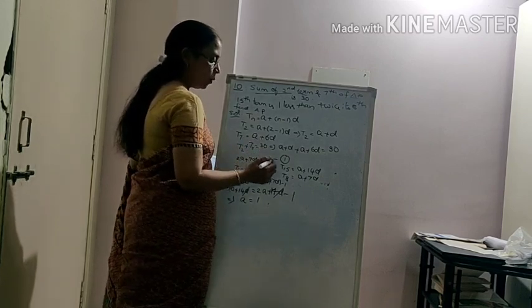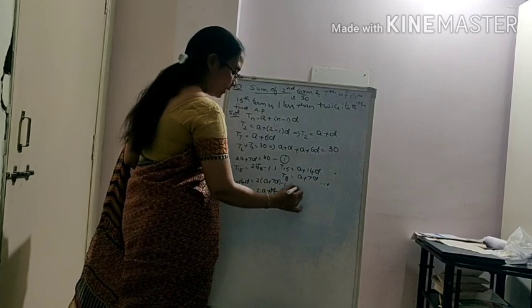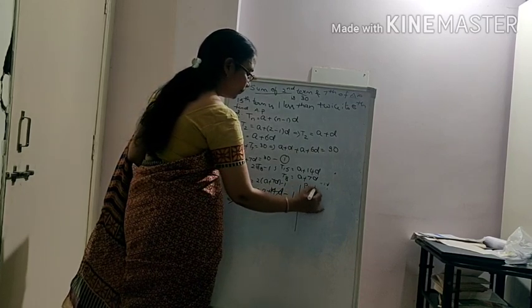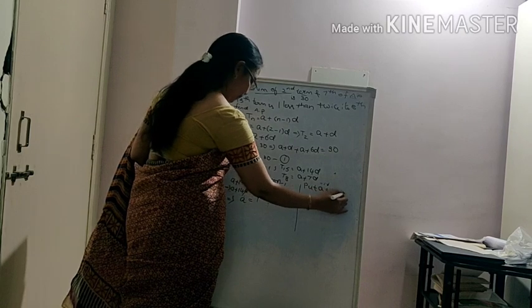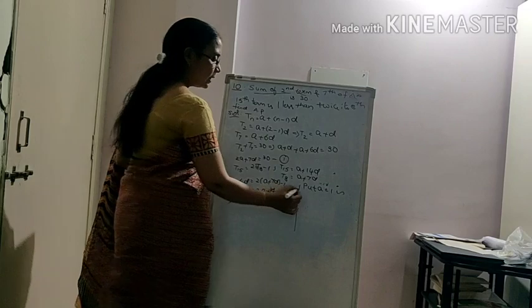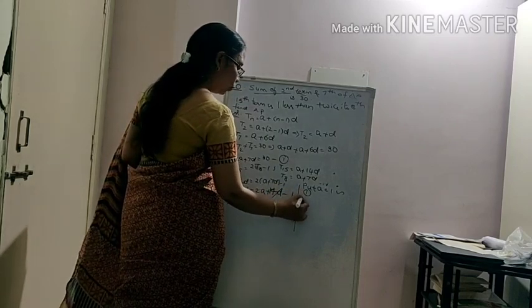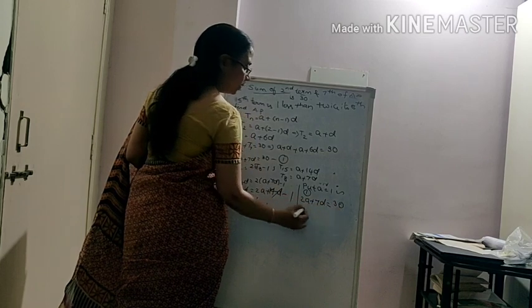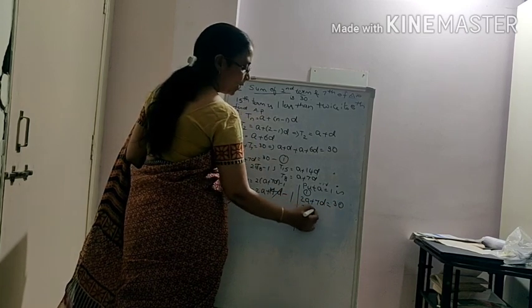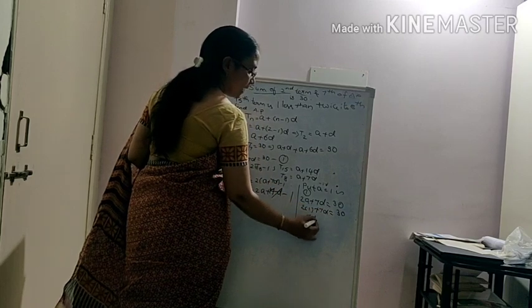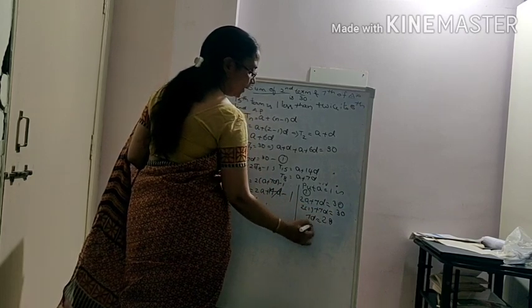Now if A is equal to 1, put A is equal to 1 in equation 1, that is 2A plus 7D is equal to 30. So 2 into 1 plus 7D is equal to 30. 7D is 28.